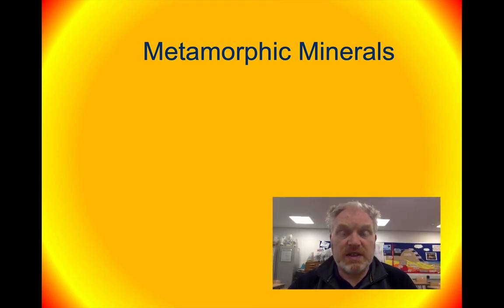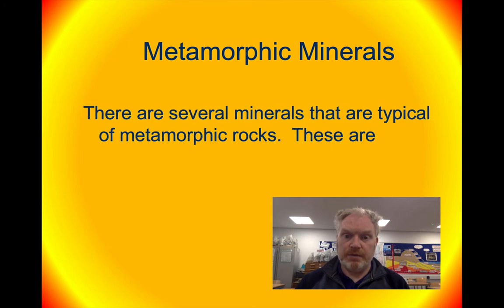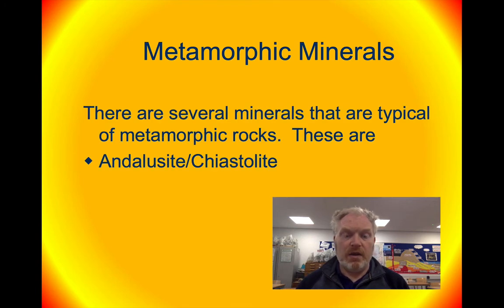There are some distinctively metamorphic minerals, minerals that we don't find in other types of rock. We've talked already about mica, for example. Now, mica isn't specifically metamorphic. We find it in all sorts of different rocks. These minerals, though, are. First of these is andalusite or chiastolite.